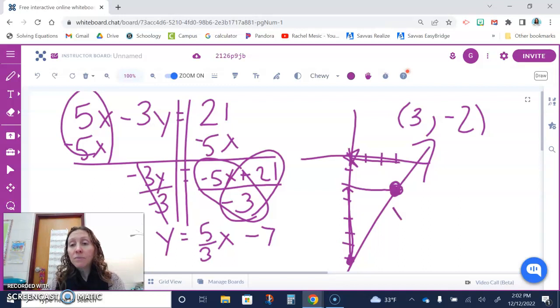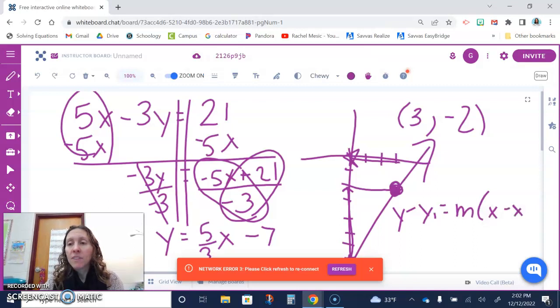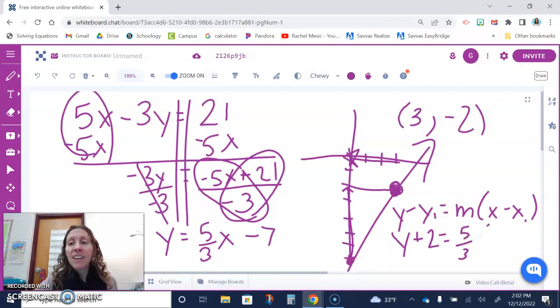Okay, so if this is our equation, we're going to replace this y with -2. We can't have a double negative though. y minus -2 looks too silly, so we're going to change that to y plus 2. And then the slope is 5/3, and then x minus 3. There you go.